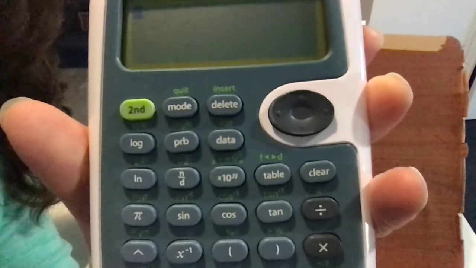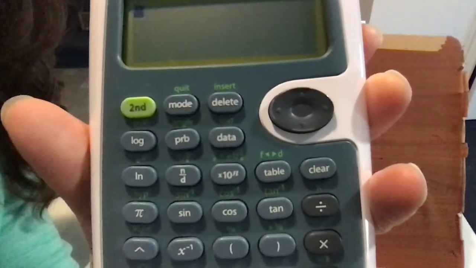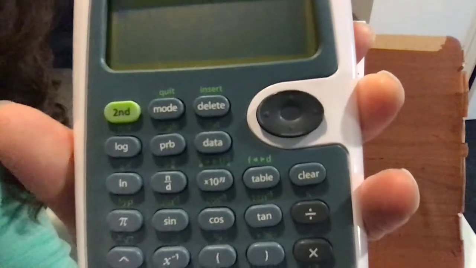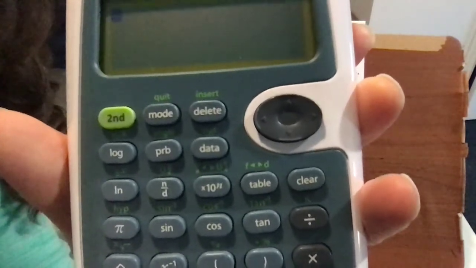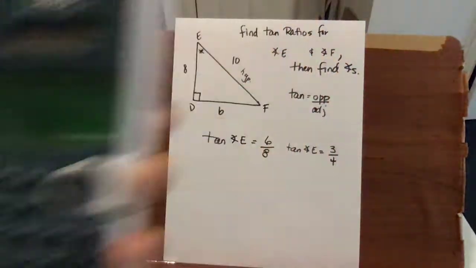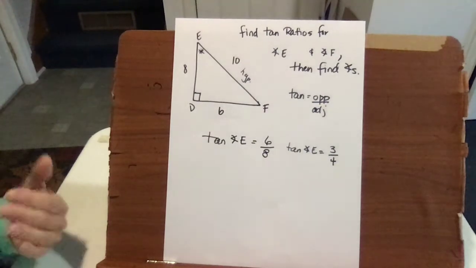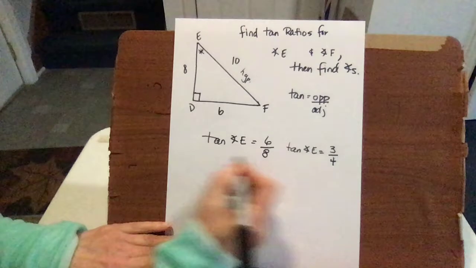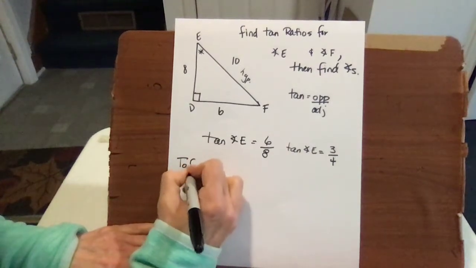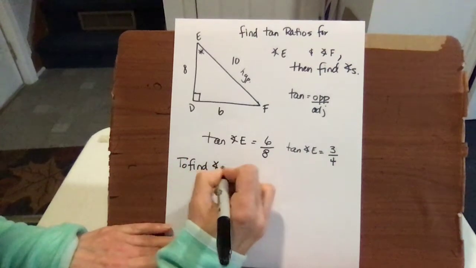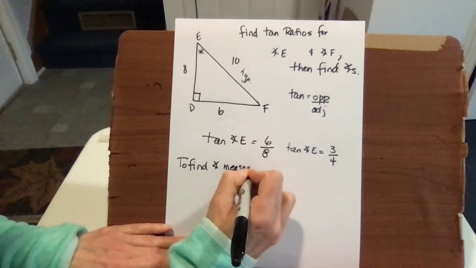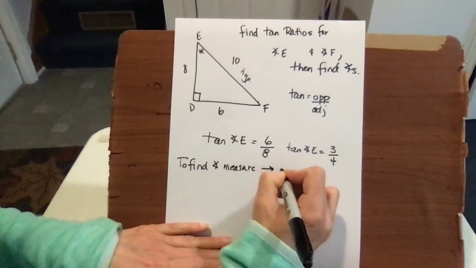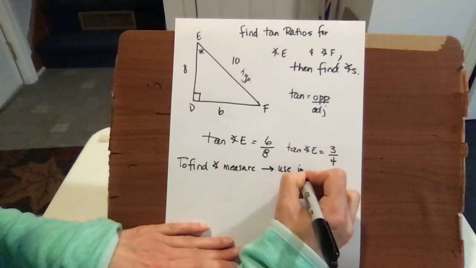We call those the inverse trig functions: inverse sine, inverse cosine, inverse tangent. Don't ever say it's tangent or sine or cosine to the -1 power, because no one will listen to you. So if we want to find an angle measure, we have to invoke the inverse trig functions.